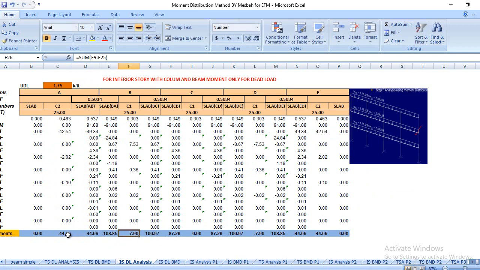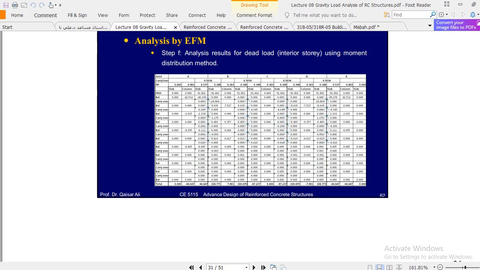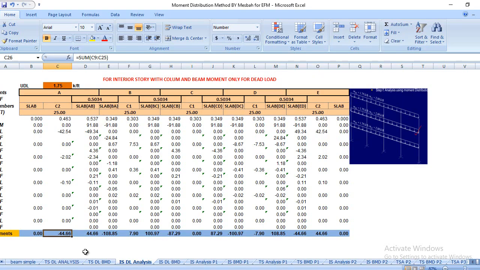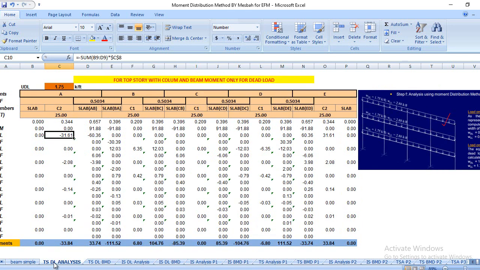Now let me compare, okay, you see here for an interior story minus 44, 44, and all these moments are similar to this one which I have calculated right here, clear? Now similarly for top story, I draw the same moment distribution table, I assign the same load.